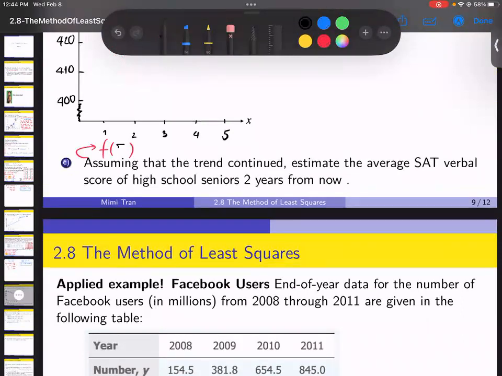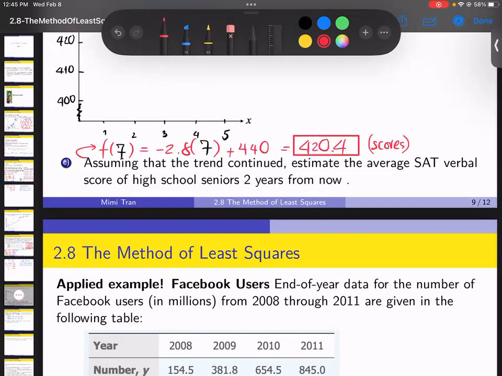You put in f of 7 equal negative 2.8 times 7 plus 440, which is 420.4. Wow, that's not good.